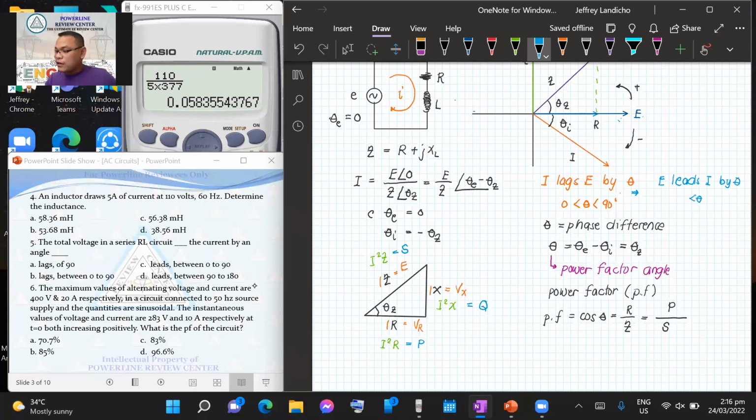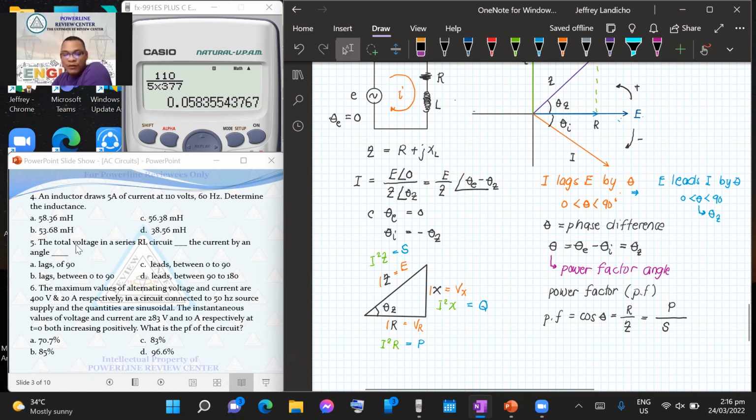The angle theta, it is greater than 0 but less than 90 degree. At itong phase angle na yan, tandaan mo, always angle of your impedance. Palagi equal sa angle of impedance yan. So obviously, the angle of impedance is in between 90 and 0.